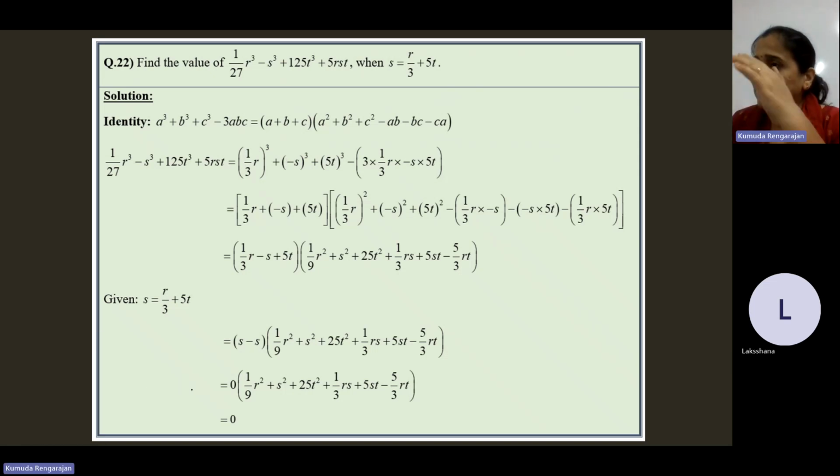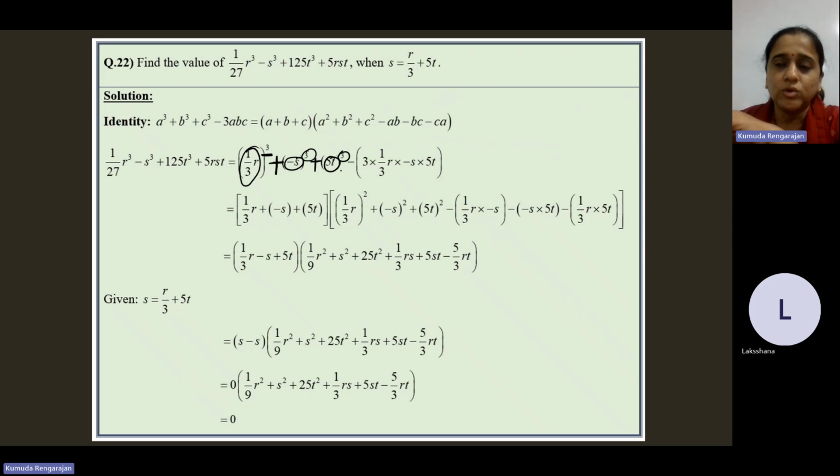You need to show that the given expression is of the form A the whole cubed plus B the whole cubed plus C the whole cubed minus 3 into A, B, C. This is A, this is B, this is C.